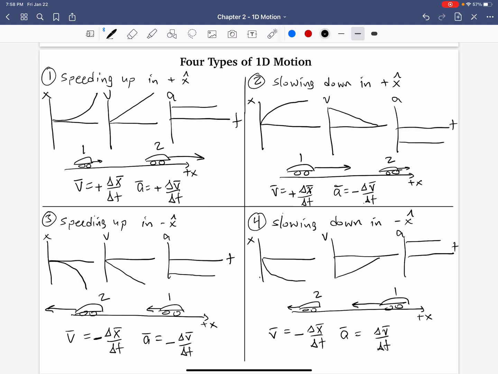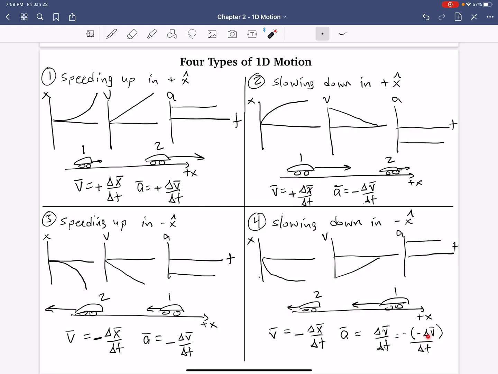However, that value is decreasing. So effectively, we have a negative delta v. The motion overall is negative, but the change in speed is getting less.